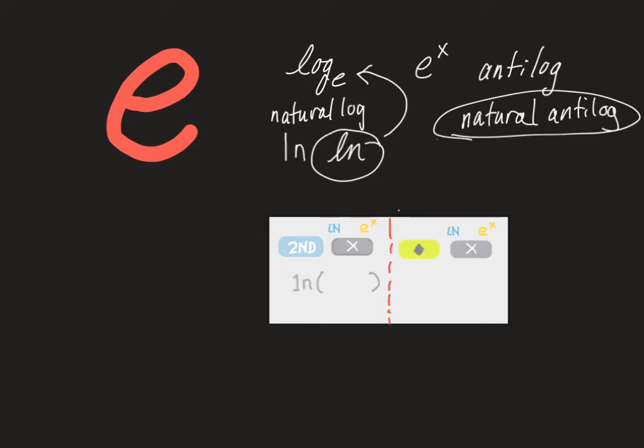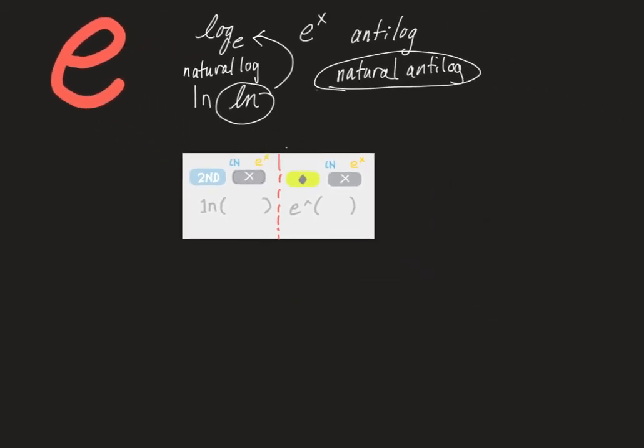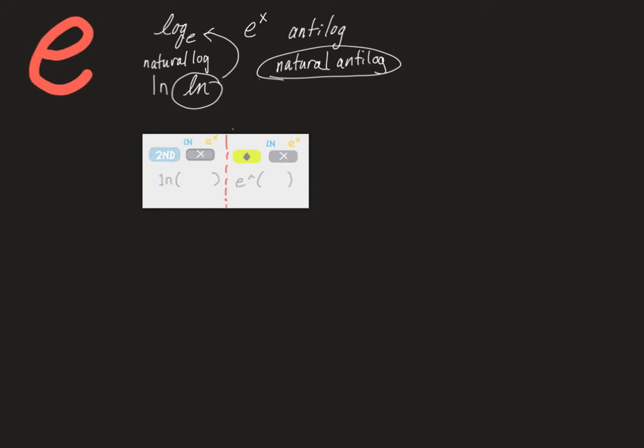Okay, let's see what happens if you hit diamond X instead. If you do that, your calculator will return e caret parenthesis, waiting for you to add something else, and that something else will become the exponent of e. So using those sequences of buttons, you should easily be able to evaluate the natural log of 5.